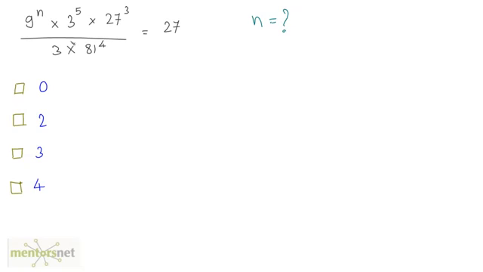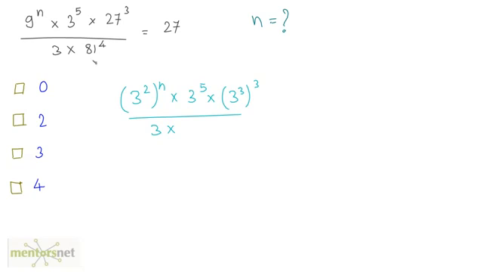So moving on to the third question, what is the value of n if this expression is given to you? Well, let us express all of these terms in this expression in powers of 3. So I can write this as 9 is 3 square, so this becomes (3 raised to 2) raised to n times 3 raised to 5 times 27 is 3 cube, so (3 cube) raised to 3 divided by 3 times 81 is 9 square.